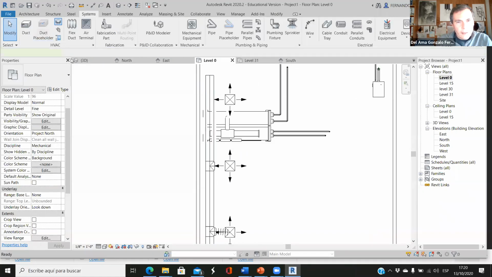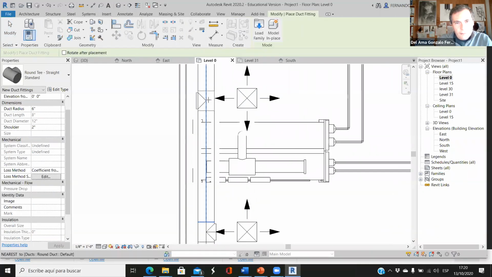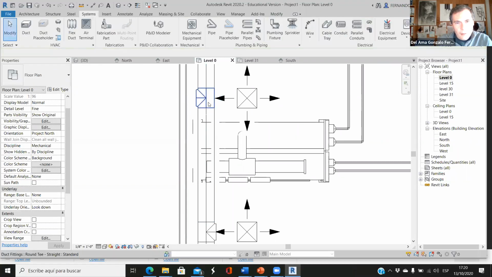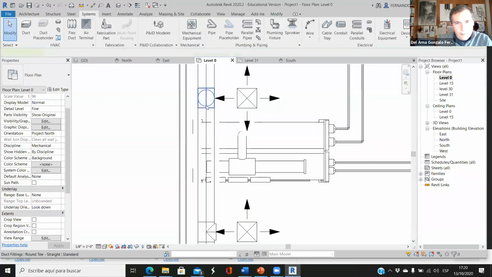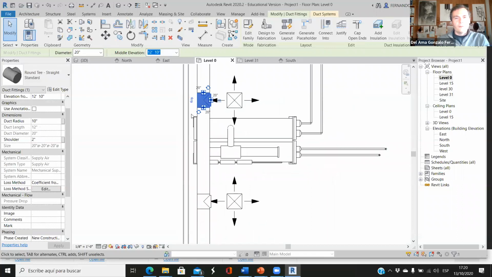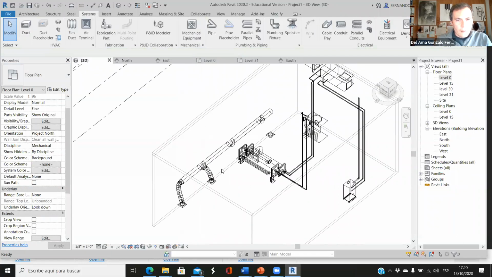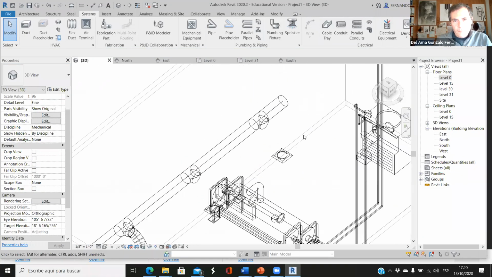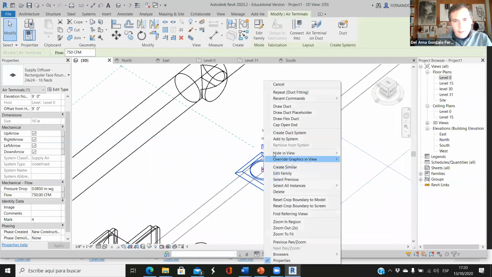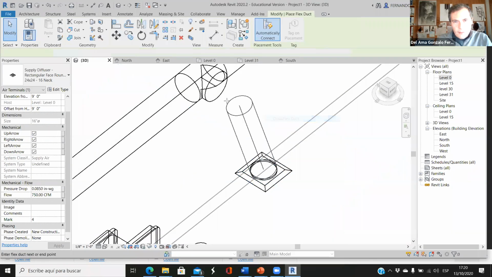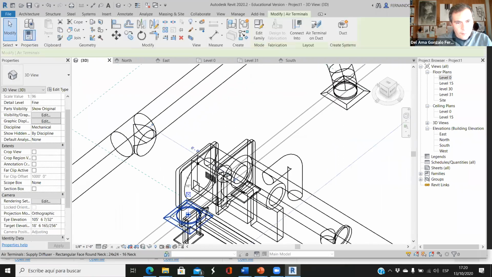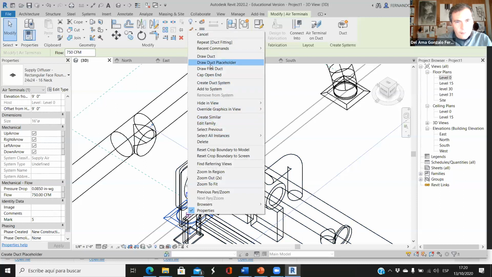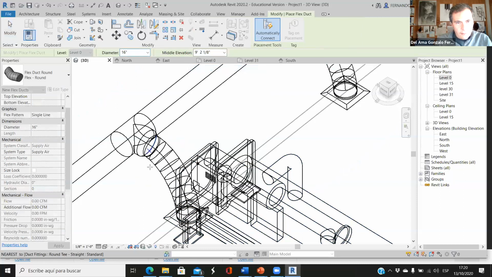And finally, another T here. And rotate it right. There you go. And now from the 3D, click this, draw flexible duct here, and from this point, flex duct here.